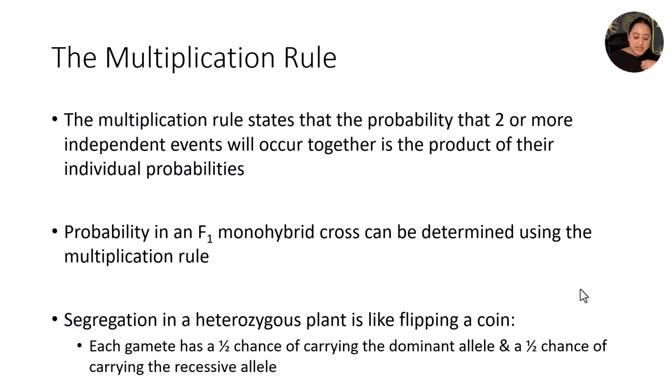When you flip it, it's like flipping a coin of whether it's going to be recessive or dominant in a gamete. So hopefully that makes sense. Maybe you have to do the lab for it to make sense. But think about it like that. If there's only two possibilities of a heterozygote having gametes, a dominant or a recessive, then each is like a 50-50 chance.